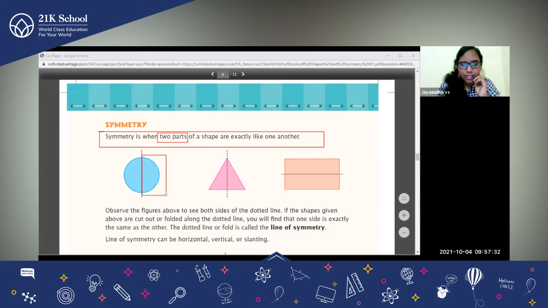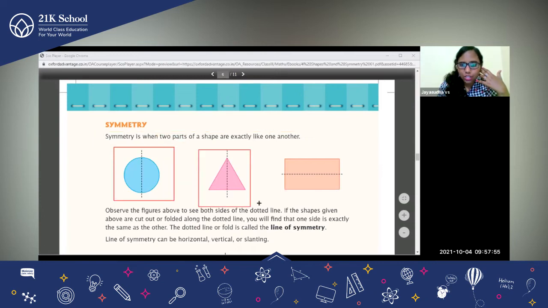See in the circle, this is one part and this is another part. See in this triangle also. When you divide the shape in such a way that it is equal on both sides, these shapes are called symmetrical shapes.